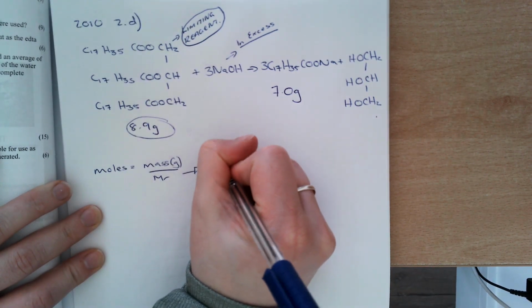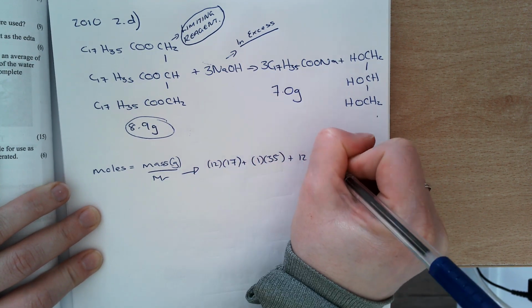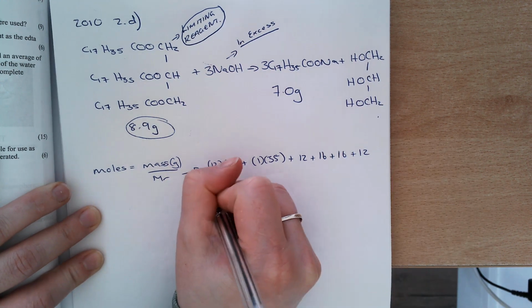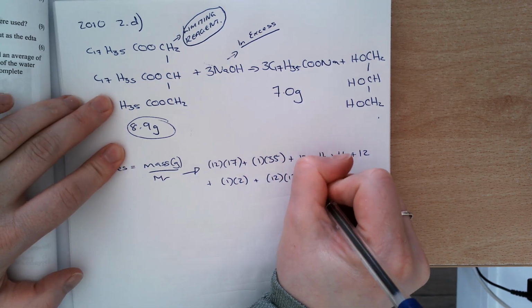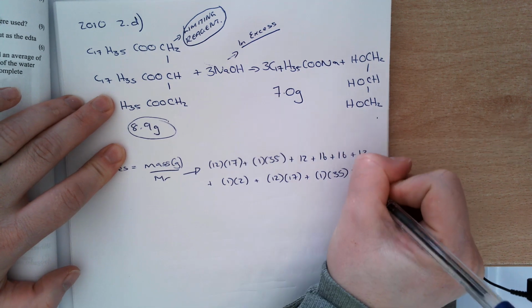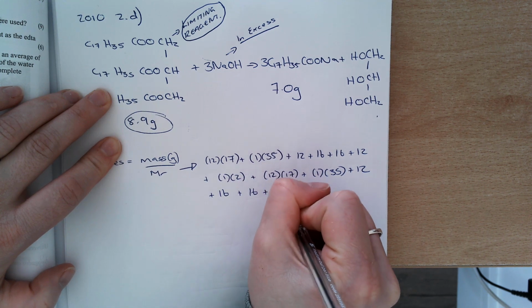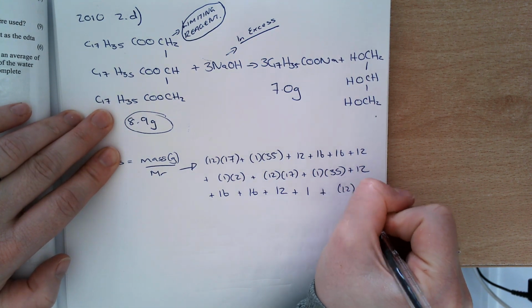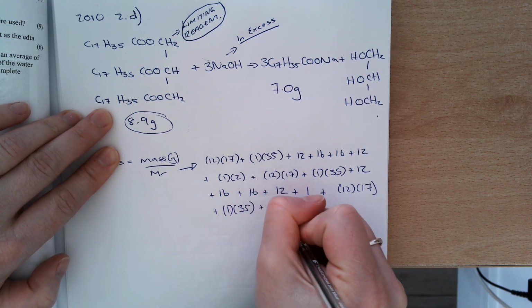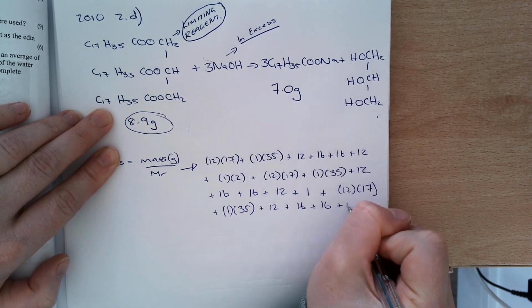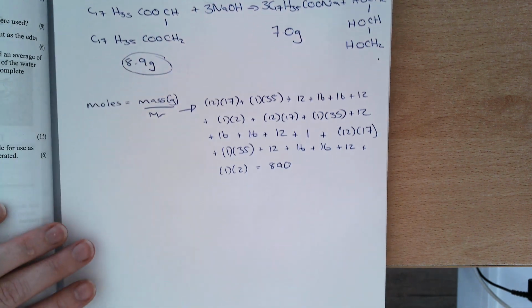So 12 by 17 plus 1 by 35 plus 12 plus 16 plus 16 plus 12 plus 1 by 2 plus 12, by 17 plus 1 by 35 plus 12 plus 16 plus 16 plus 12 plus 1 plus 12 by 17 plus 1 by 35 plus 12 plus 16 plus 16 plus 12 plus 1 by 2, and when I work all that out I get 890.